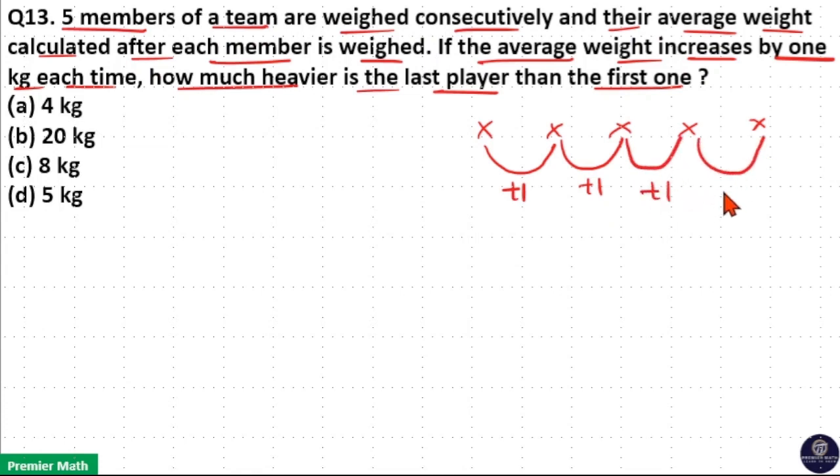So, when the weights of 5 players are measured, there are a total of 4 times the average increased by 1 kilogram. So, 4 times the average increases by 1 kilogram. So, 1 kilogram is the increment here.